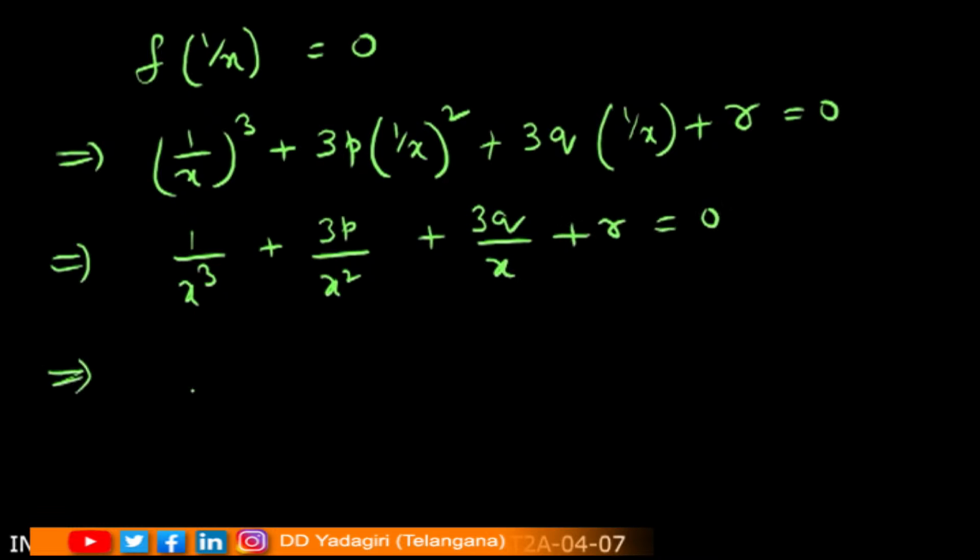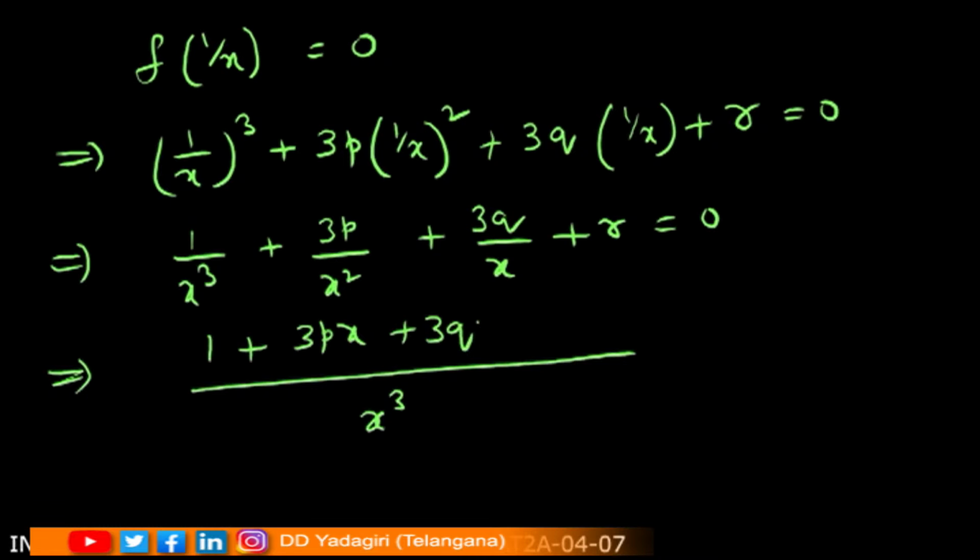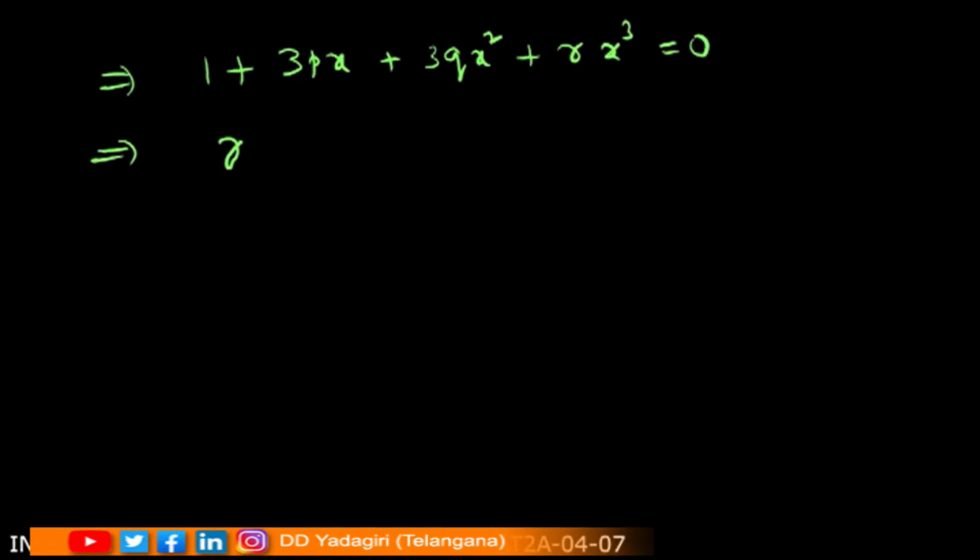This implies, taking LCM x cube, 1 plus 3px plus 3qx square plus rx cube is equal to 0, that is, rx cube plus 3qx square plus 3px plus 1 is equal to 0.